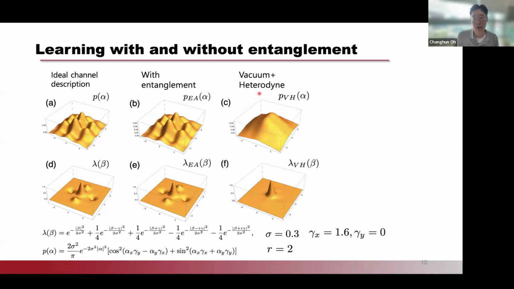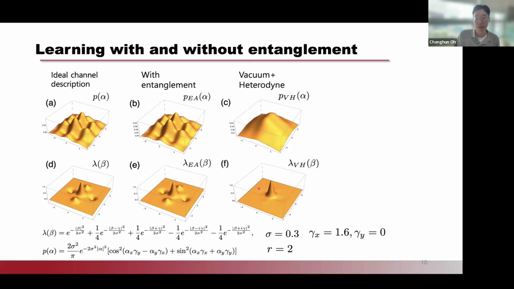On the other hand, if we use this particular entanglement-free scheme, then you can see that the output probability distribution is highly blurred compared to the true probability distribution, so that you cannot see a clear oscillatory behavior in your output probability distribution. And also, it's clear from the characteristic function picture that these 4 peaks, which are kind of the signal, disappeared for this scheme.